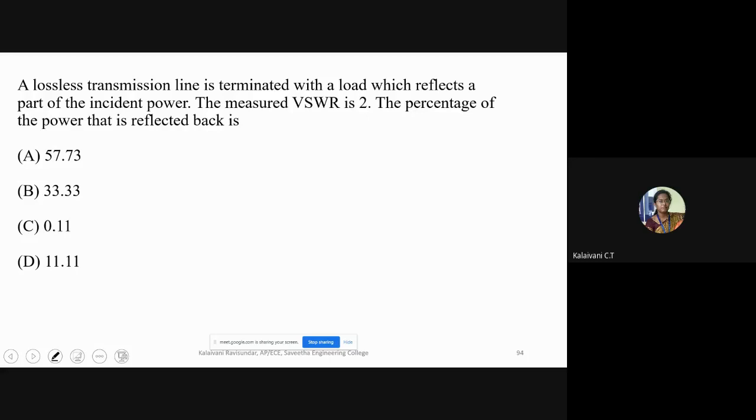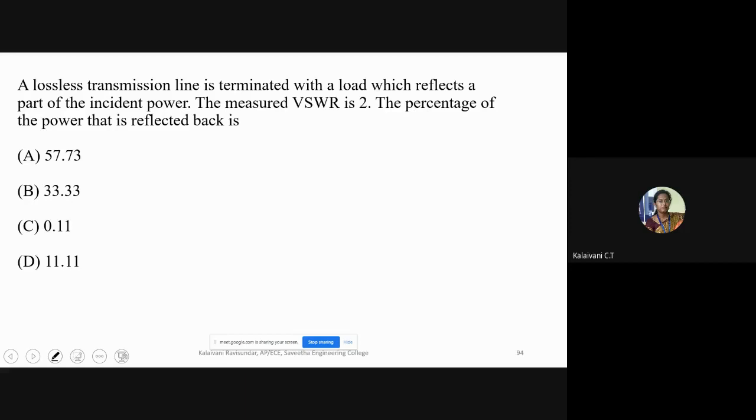First, a lossless transmission line terminated with a load which reflects a part of the incident power. So it is not a matched network, Z0 is not equal to ZL. Next, they have given the value of VSWR, S, and you know the equation.